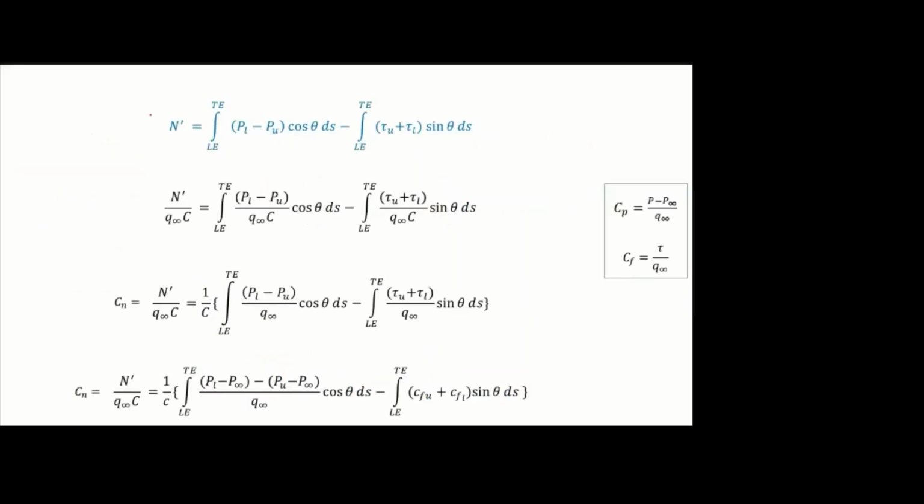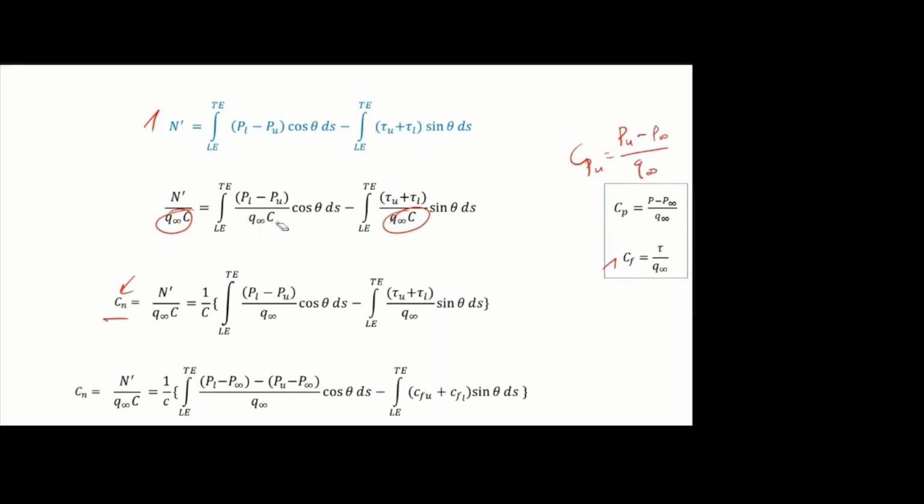And now we can convert this N dash into Cn. Simply we have to divide that by Q infinity C. Okay, so this is Cn, and here you see, Cf means tau divided by Q infinity, Cp means P minus P infinity by Q infinity, that is, Cpu means Pu minus P infinity by Q infinity.